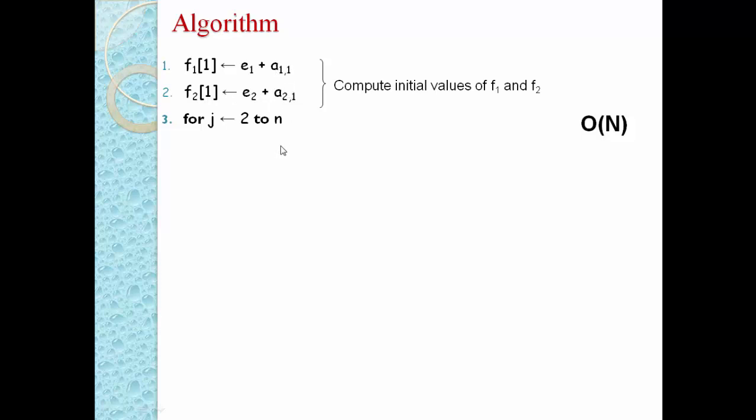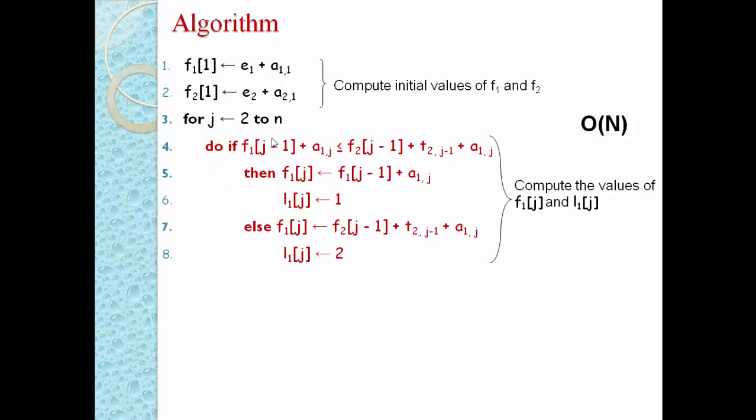Then after that we have a different choice. This is the choice for line number 1, and we have to choose line number 1 or line number 2 based on this condition. If this condition is true, or we can say this F1 of line number 1 is less than or equal to that of line number 2, at that time we have to choose line number 1. Otherwise we have to choose line number 2.